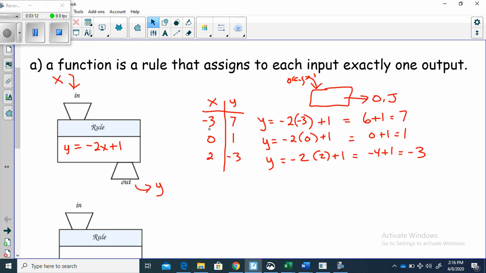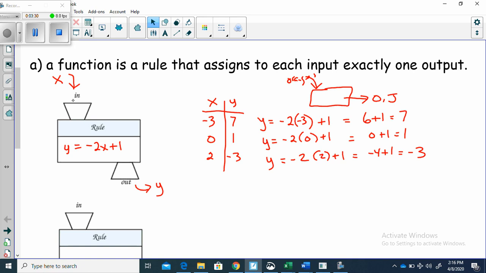Notice, whenever I put in a number, what I get out is unique. If I put in negative 3, I can't get out a different number. If I put negative 3 in for x, there's only one number that I can get back out, and that would be 7.